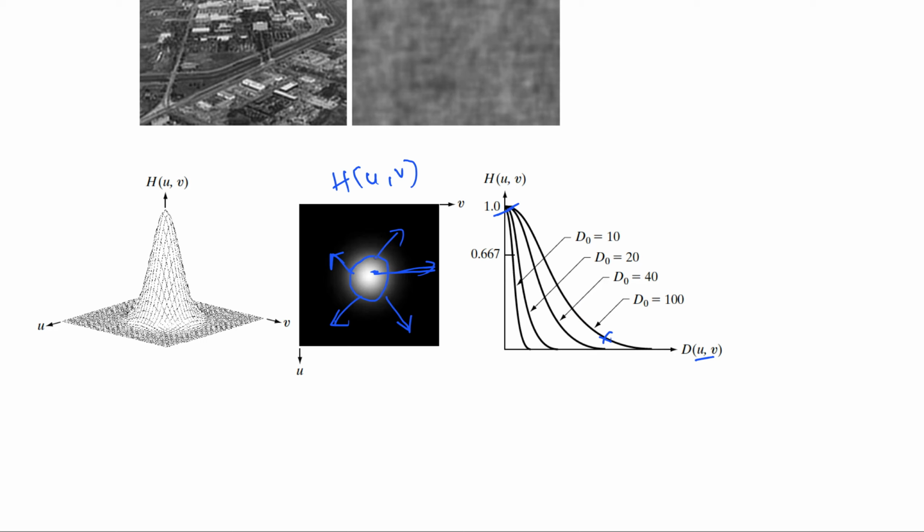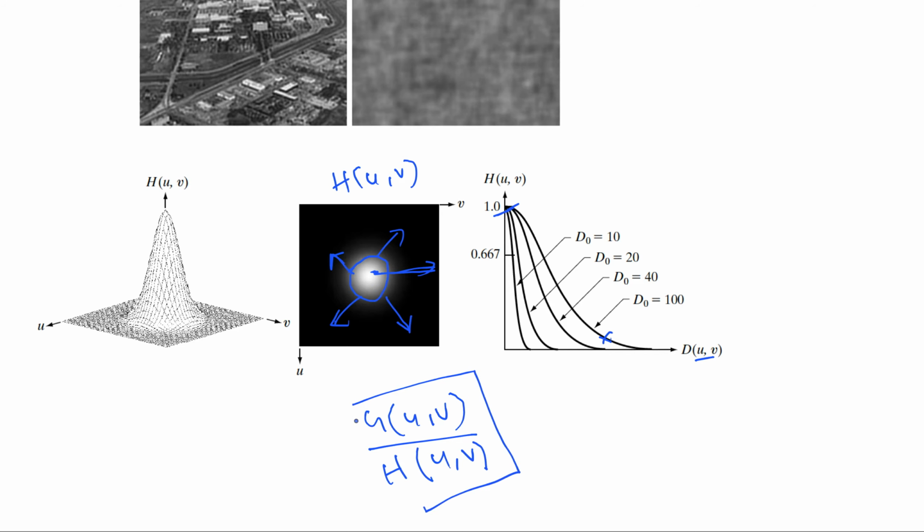So what you will do is, you take the Fourier transform of the degraded image, that is G of uv, then you divide it by the degradation function that you got by some method. Then you will not take the complete value of this ratio, you will confine it to a smaller circle, and neglect all the values outside this circle.